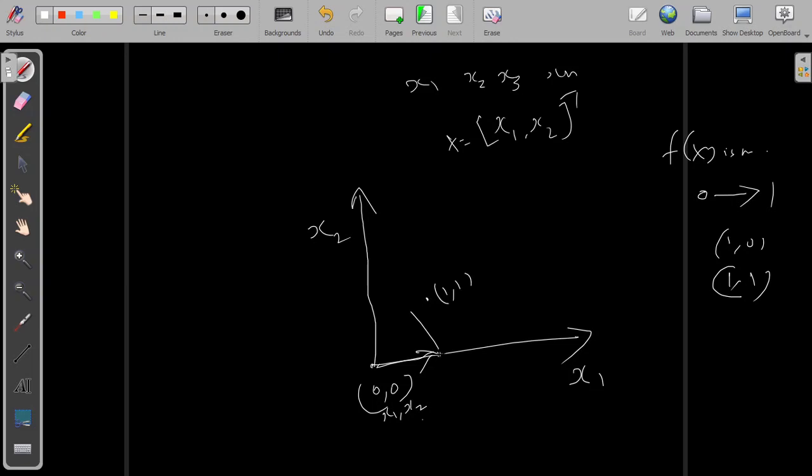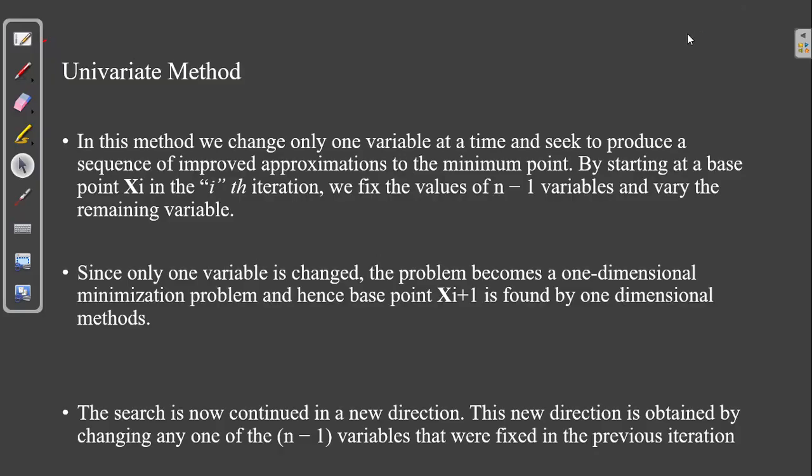So we are moving in this direction, that means a direction parallel to the x2 axis. That is what the new direction means. The search is now continued in the second step in the direction of x2, by changing the x2 variable and fixing the x1 variable.